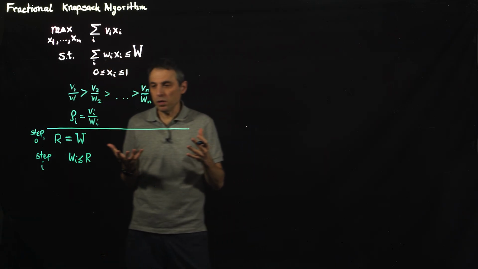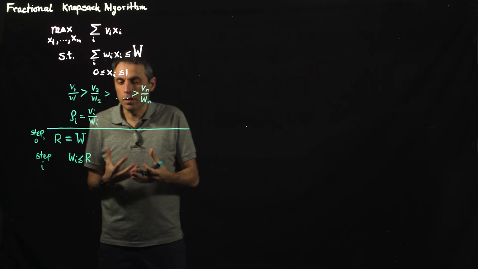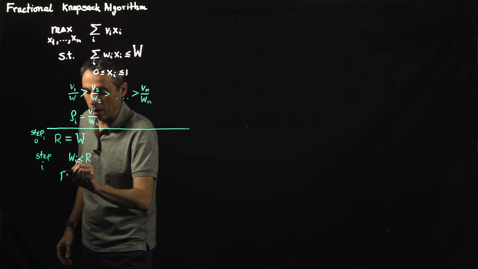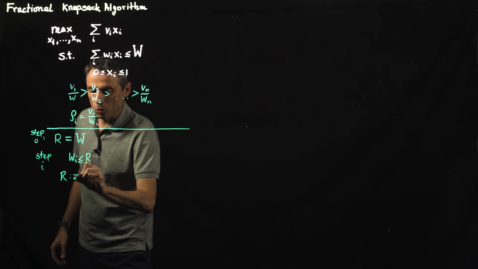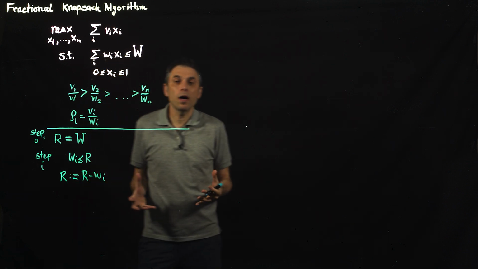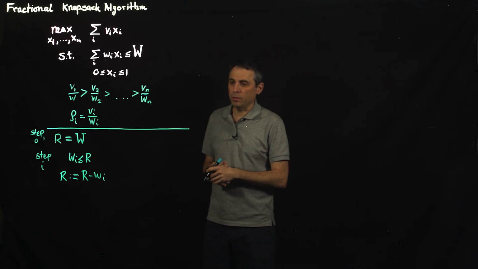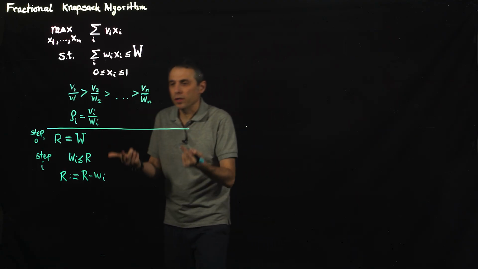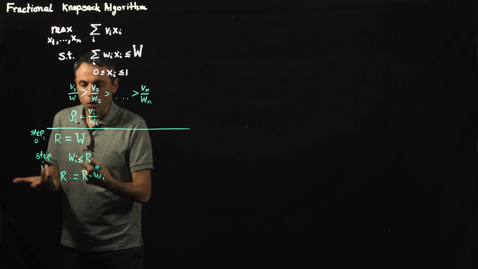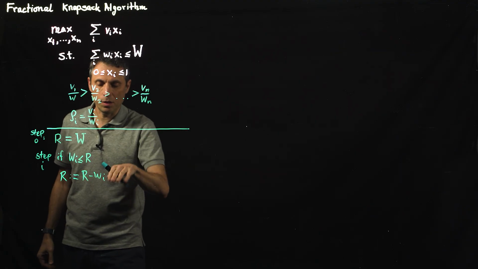If the answer is yes, we put item i inside our backpack, and we set R equal to R minus Wi. Now less remains to be filled in what we can take. Then we increase the counter.